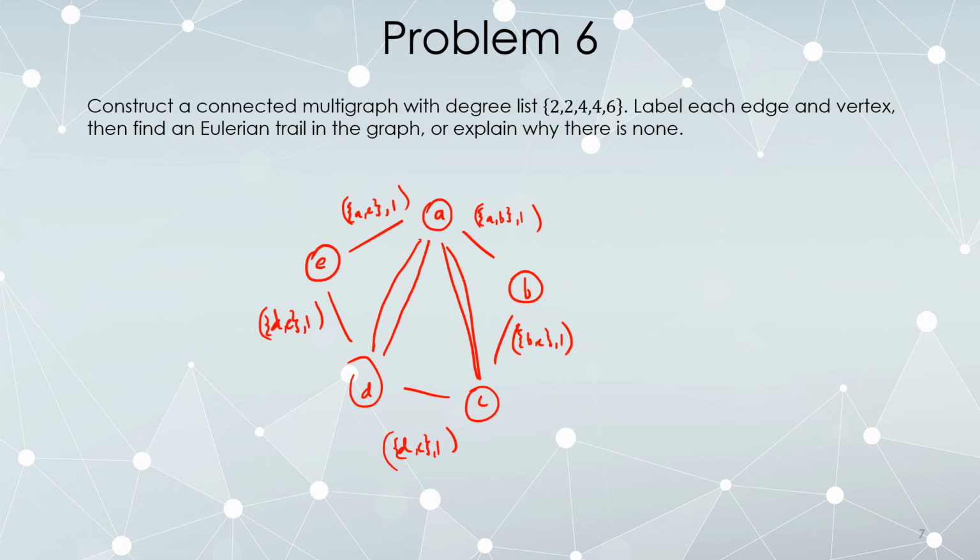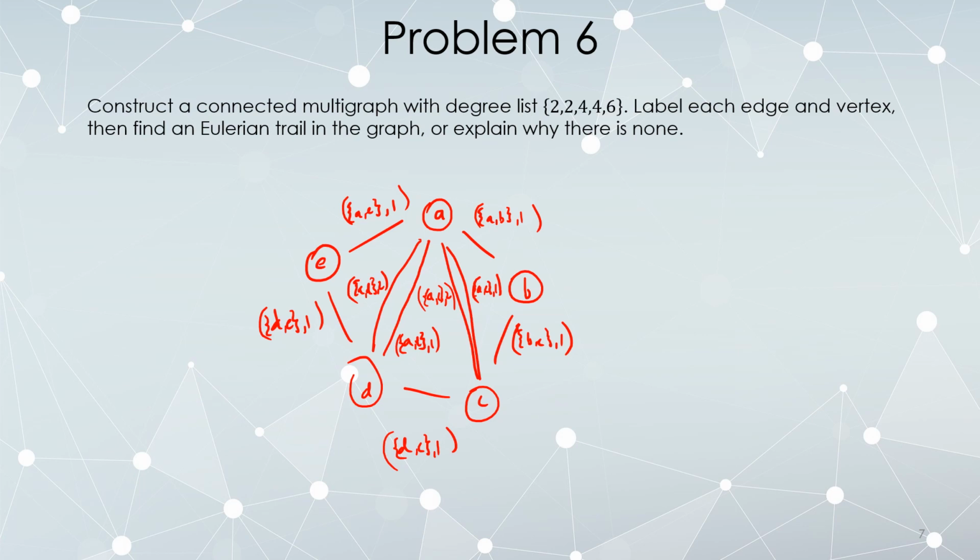In the interior, we've got AD, but there's a first one and a second one. And here there is AC, a first one, and AC, a second one. Sorry, that's really bad writing because it got a little crowded. Labeling the edges is not terribly interesting.